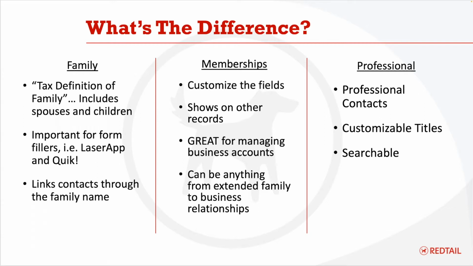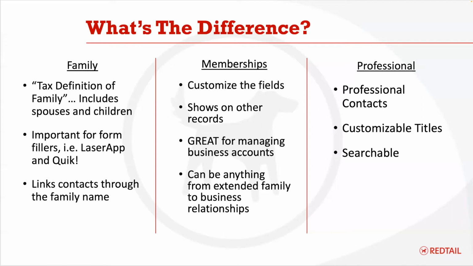But in memberships, because we are able to add just about every other relationship here, this is going to be a customizable field. Now, this is great for managing all sorts of different relationships, whether it's COIs or personal relationships or even affiliations or businesses. This can be anyone. So keep in mind your imagination is the limit here.